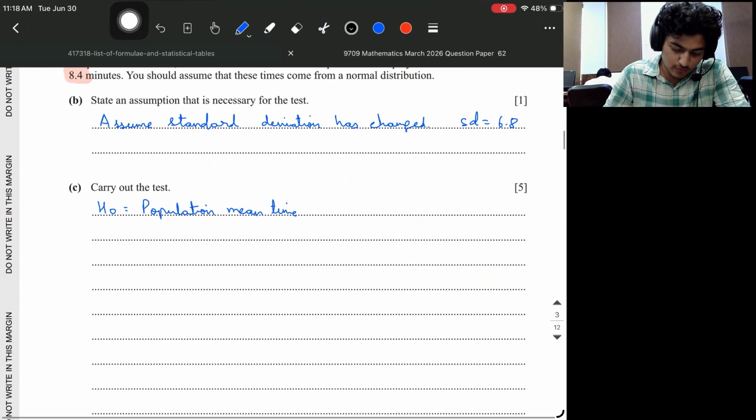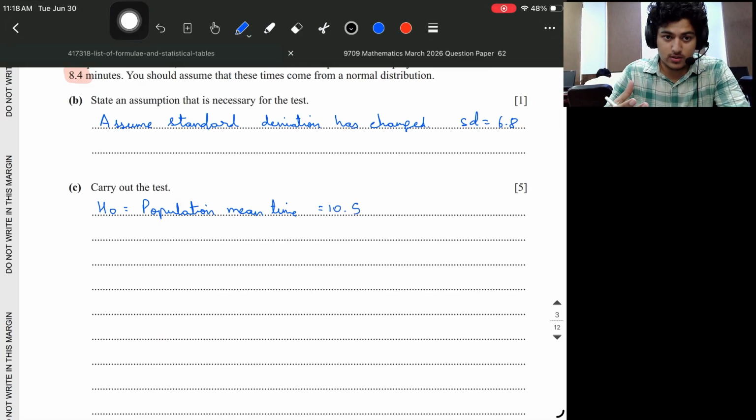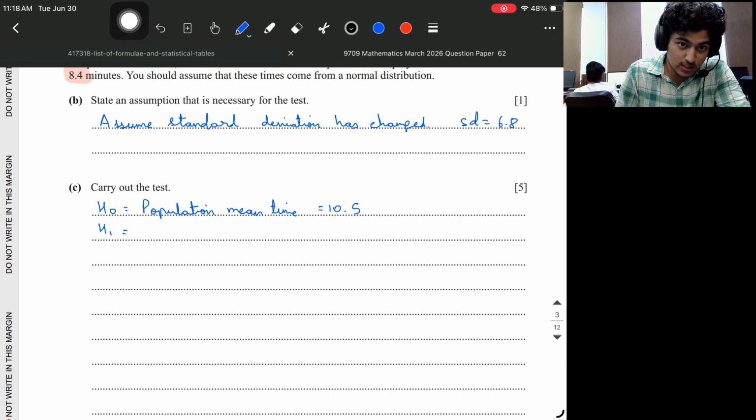That's what they calculated before, right? So that is 10.5. Now, the new hypothesis, wherein you have to mention the change, is going to be the population mean time.